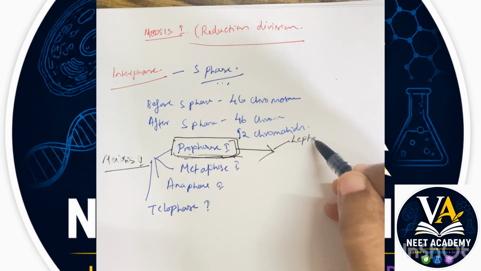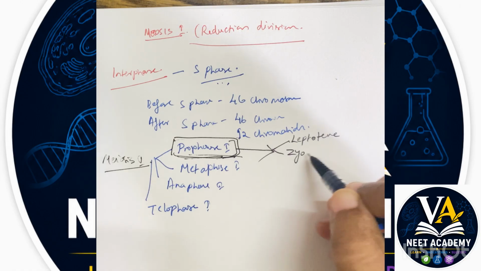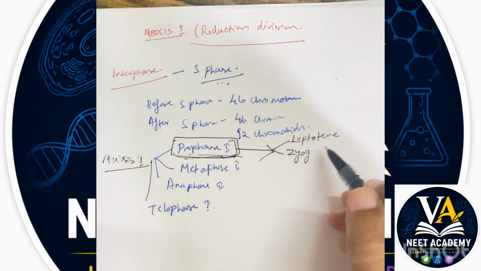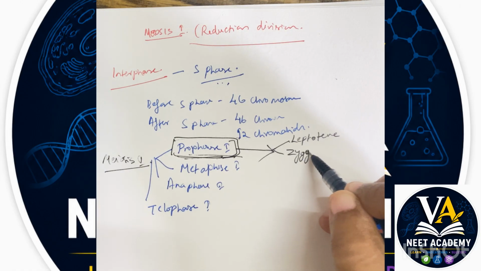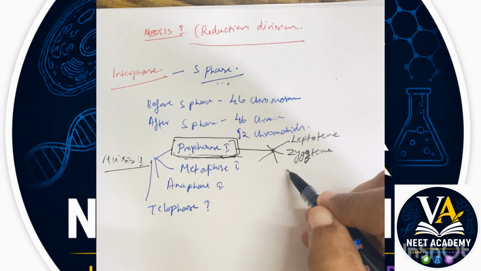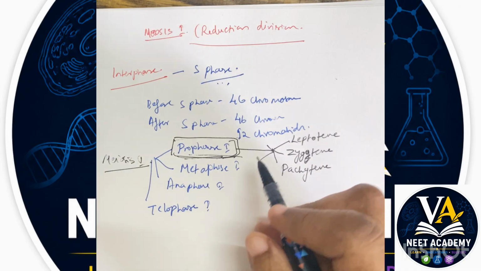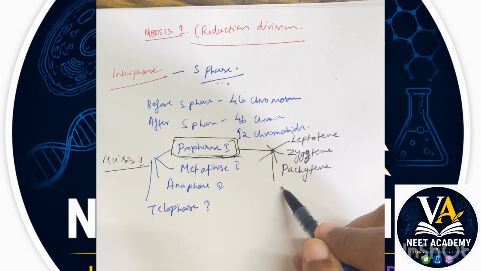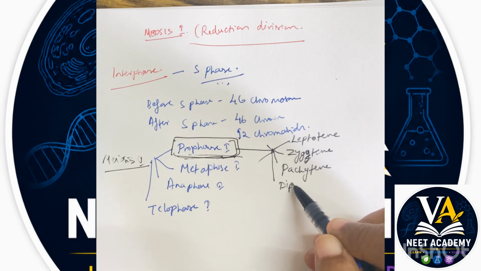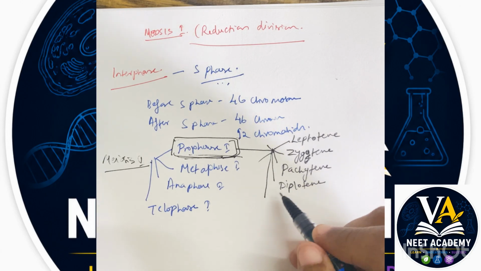Leptotene, zygotene, Pachytene, followed by Diplotene, and then the last one is Diakinesis.